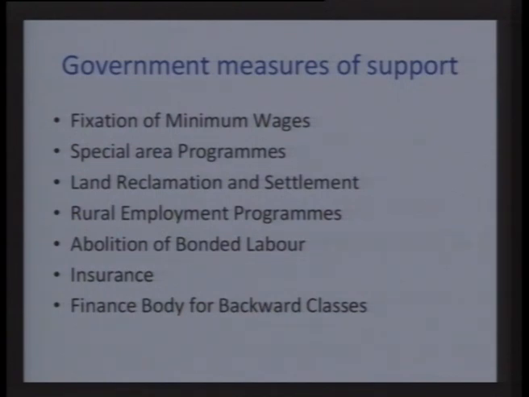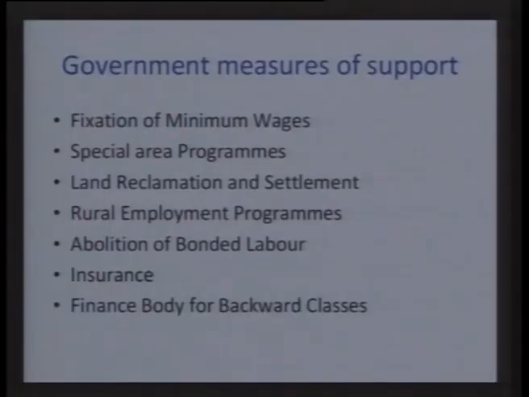Then abolition of bonded labor is another important step. The insurance is there. Group insurance is being provided by the LIC to the tune of rupees 1000 for the laborer, which covers the entire family, and the premium amount is rupees 10 per year, which is being paid by the government. So insurance has also been taken up in order to insure the agricultural laborers.